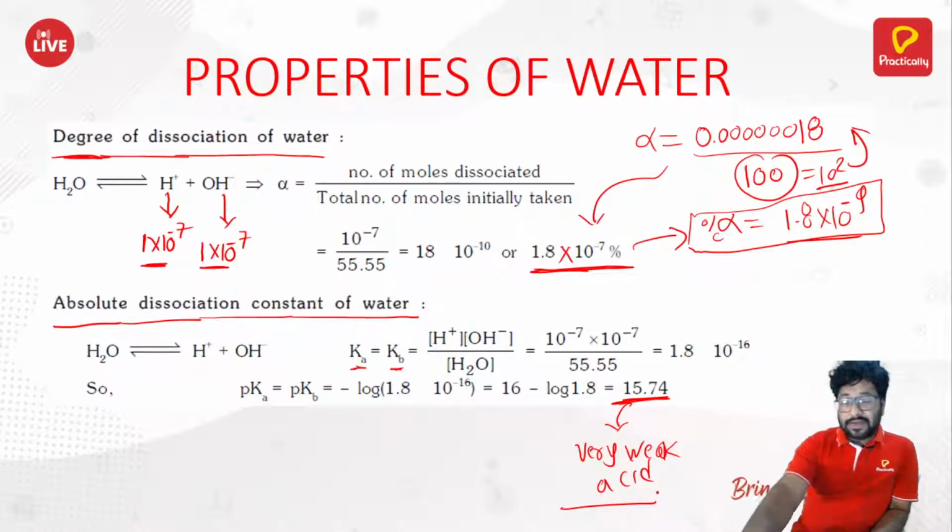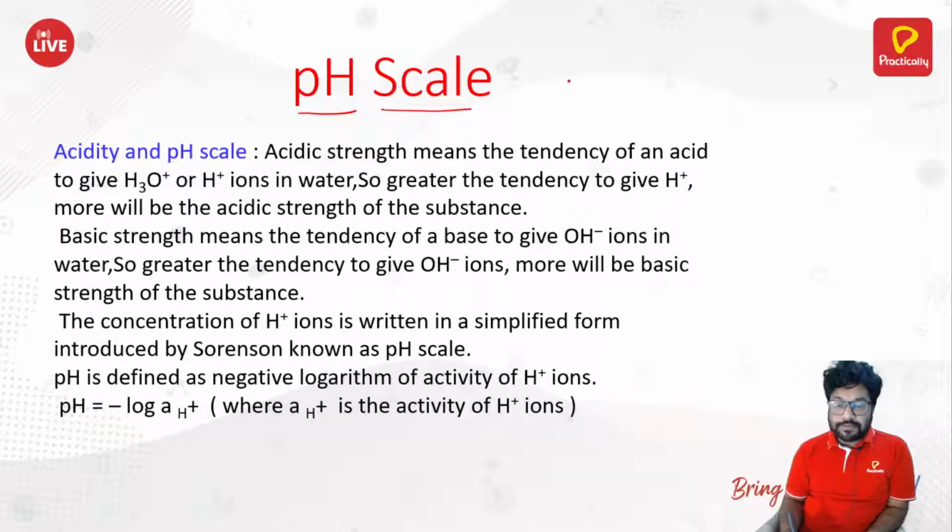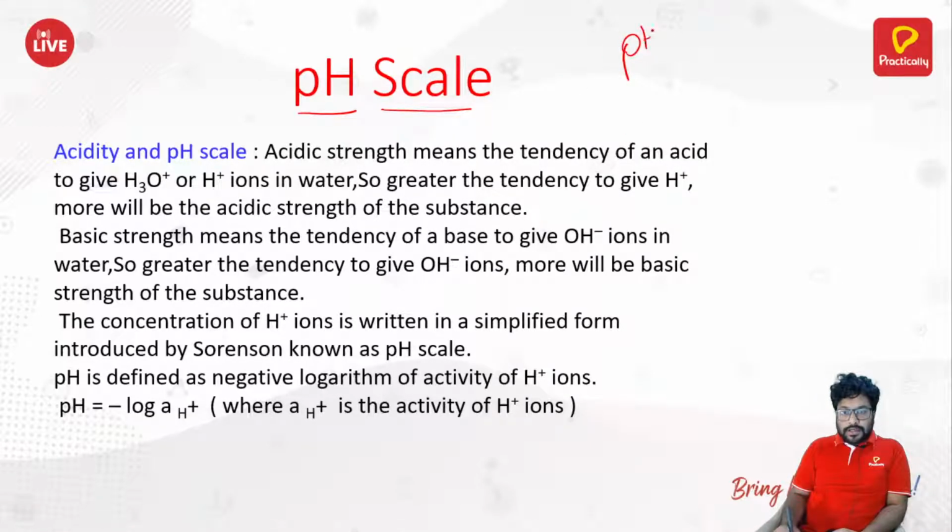So moving ahead, now we came to the pH scale. I already told you what is meant by pH, right? pH is equal to the negative logarithm of the H plus ion concentration.